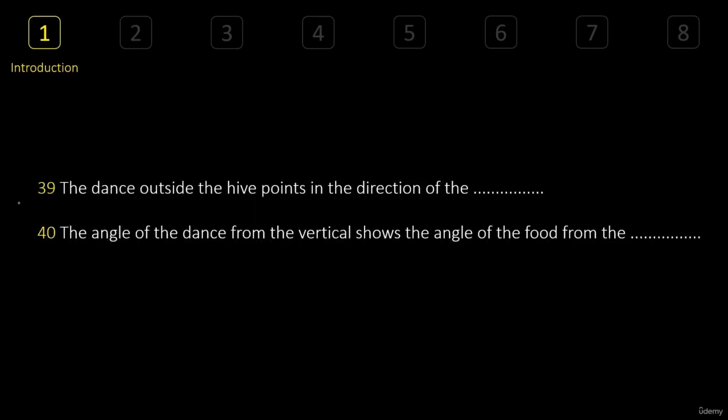See, here we have question numbers 39 and 40. The dance outside the hive points in the direction of the blank. So this is one question itself, or one blank itself. It is not connected to the next blank. And as I said, single sentence, no connection, is this type, sentence completion.